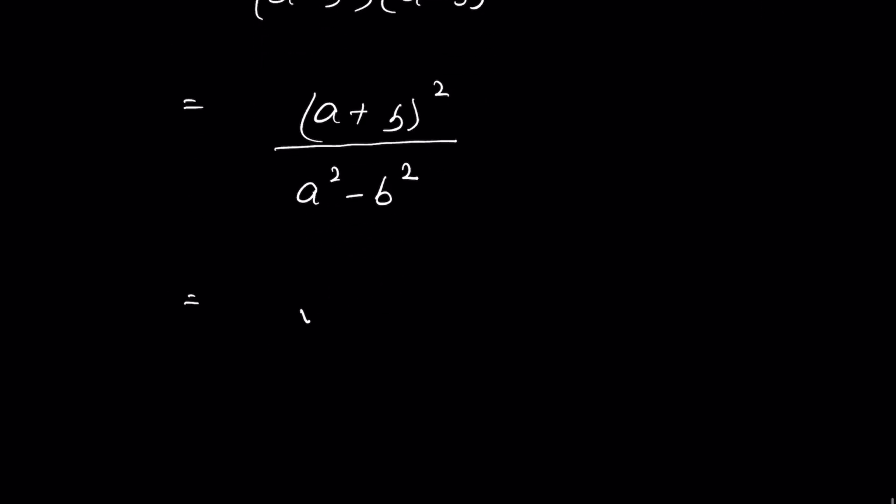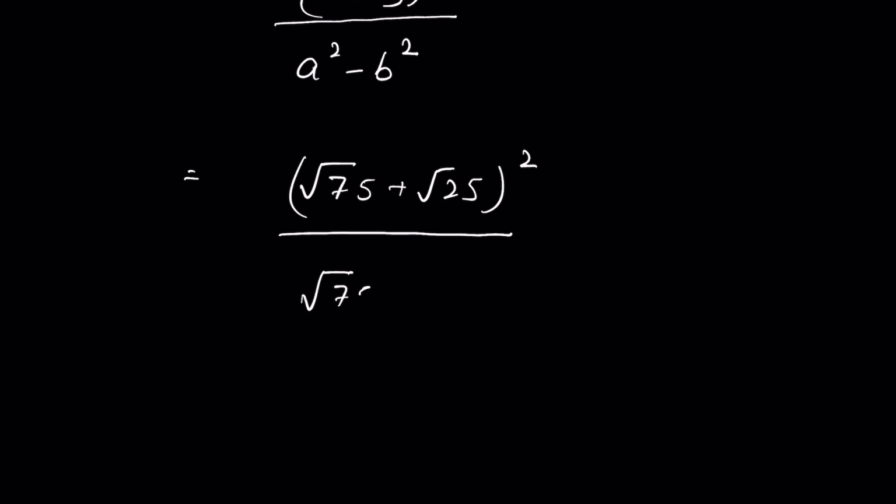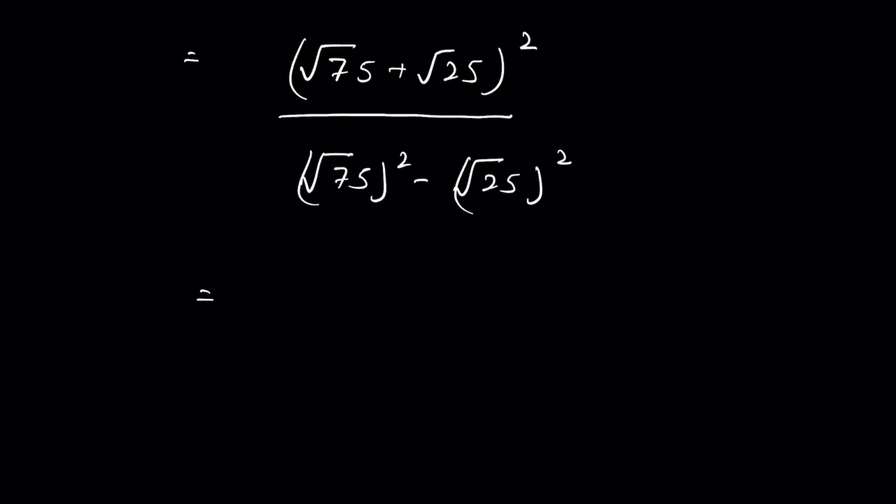So it is (√75 + √25)² upon (√75)² − (√25)². (a + b)² is equal to a² + b² + 2ab.